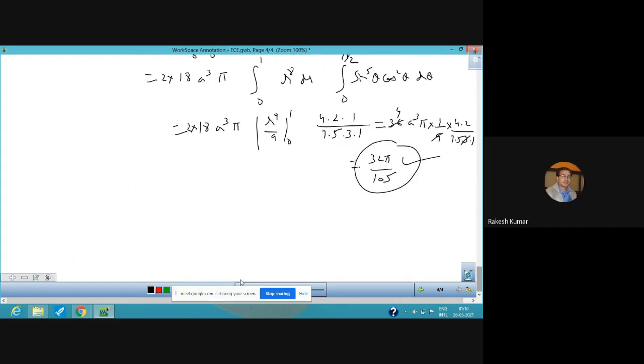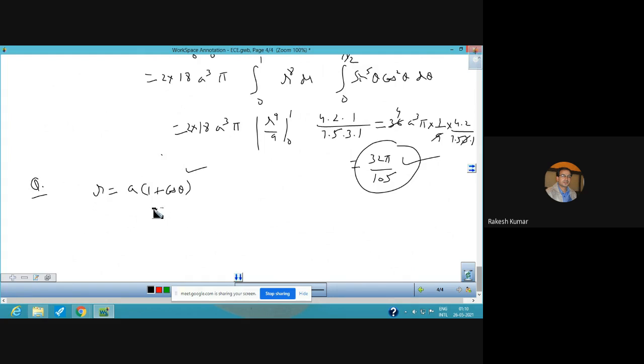So this is your resultant volume by the solid of revolution. Now we can also have an example in polar. You know that the famous polar curves are the cardioid and the lemniscate. We have the equation of the cardioid, r is equal to a into 1 plus cos theta.